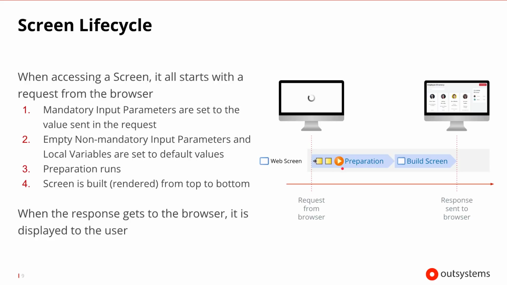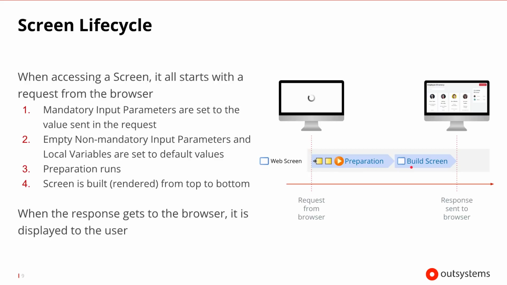And the next thing that would happen is running the preparation. After we run the preparation and that action flow gets the data from the databases and makes some of the decisions it needs to make, we then begin building, or sometimes what is called rendering, the screen. So between the variables and the preparation, we should have all the information we need that might be dynamically placed inside the screen.